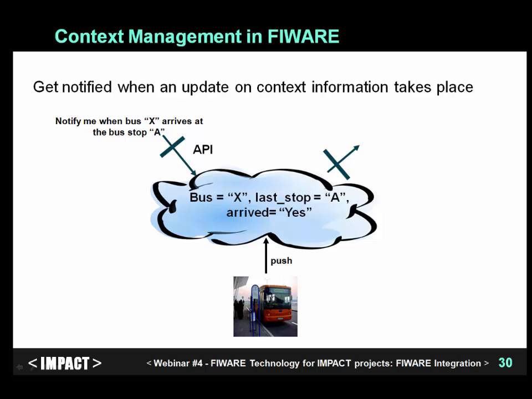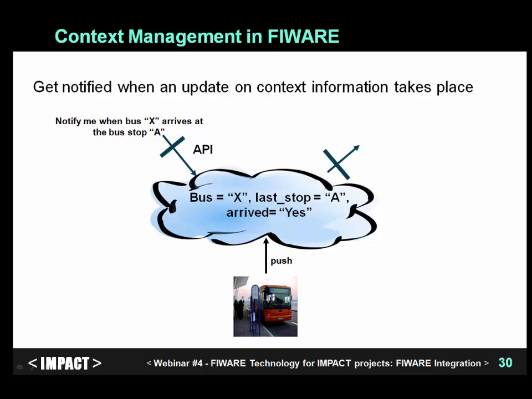Your application, when used as an information consumer, can just access a specific attribute at a specific moment, or set up a notification and get notified whenever an update on a context information takes place. For example, you could code on your application an alarm notification saying, notify me when bus X, a specific bus, arrives at a specific bus stop.